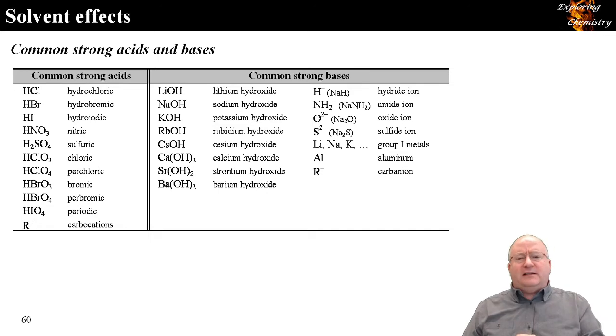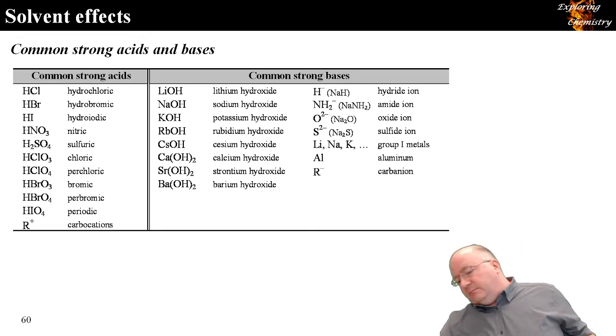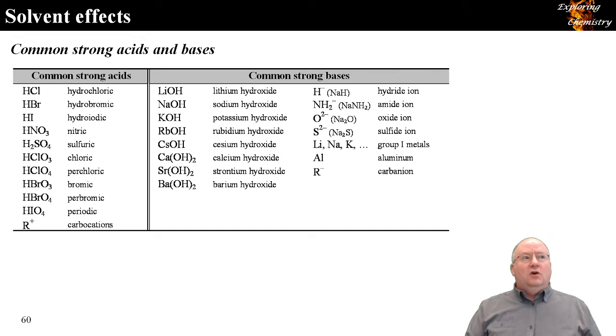You don't have this slide. I don't know why. It's not absolutely critical. This is just a list of strong acids and bases that you should probably know by now. The list of strong acids is on the left-hand side. Strong bases has a diverse array.